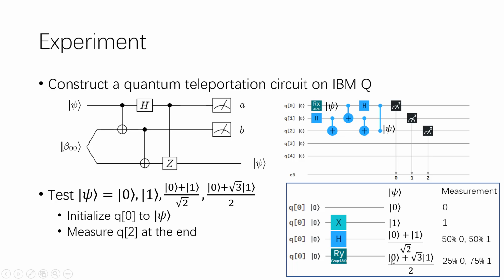The reason is that (1/2) squared is the probability of 0, and (square root 3 over 2) squared is the 75% probability of the state being in 1.